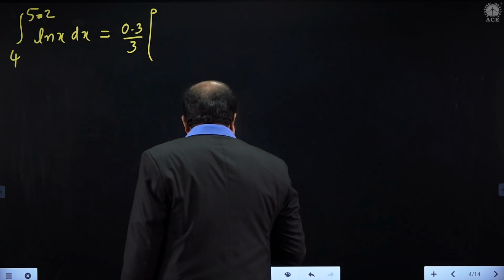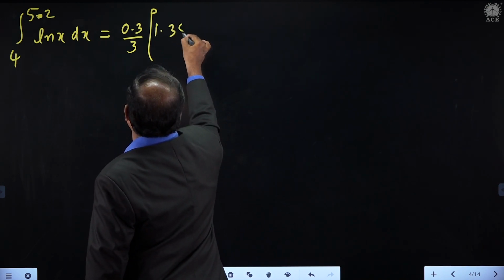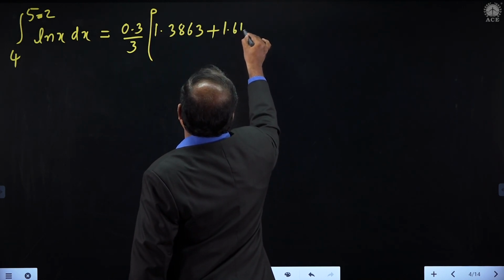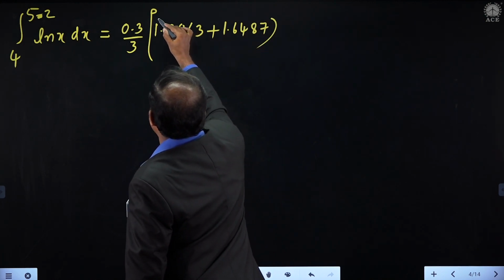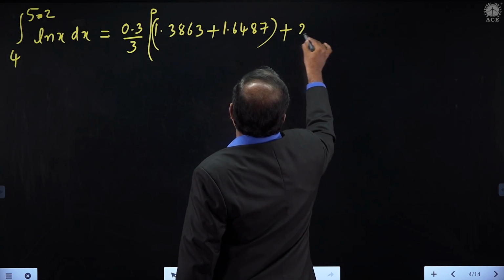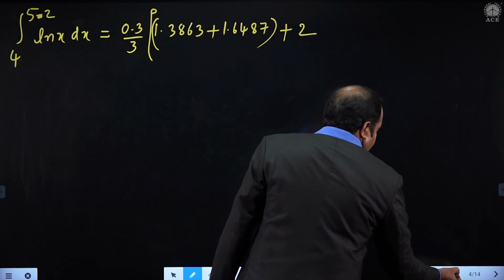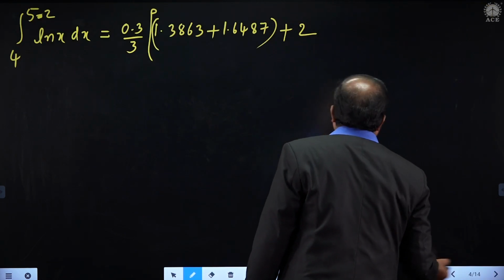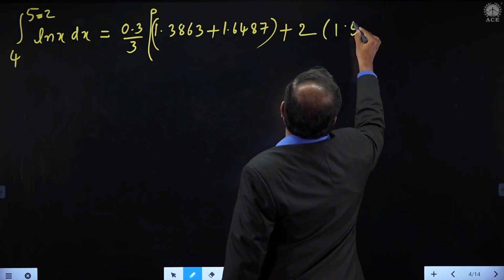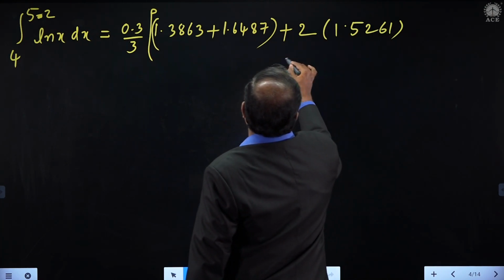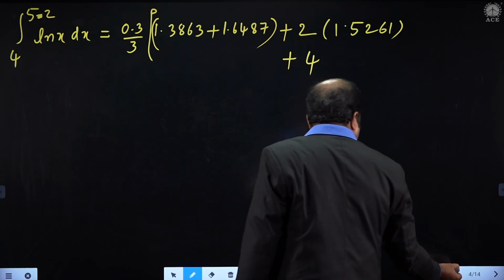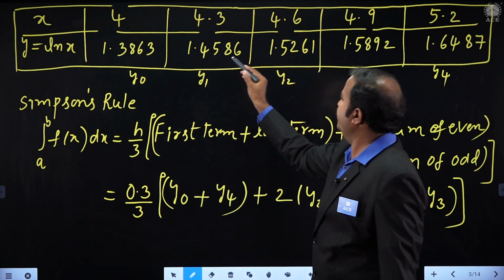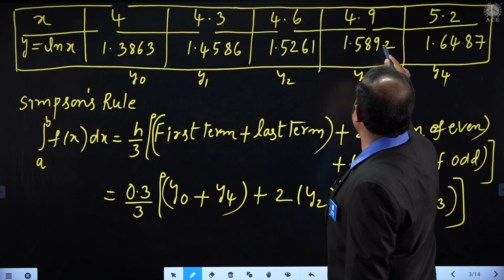The first term plus the last term, that is 1.3863 plus 1.6487, plus 2 times the sum of even ordinates, that is y2 only, 1.5261, plus 4 times the sum of odd ordinates, that is y1 plus y3, that is 1.4586 plus 1.5892.